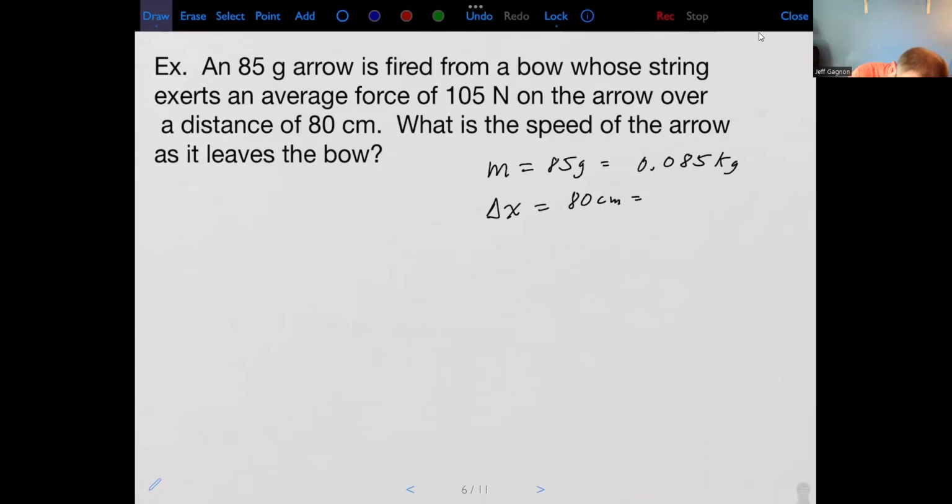So I move the decimal 2 places to the left, and it's 0.80 meters. In general, the net work done, if I use the work energy theorem, must equal the change in kinetic energy, which is KE final minus KE initial.